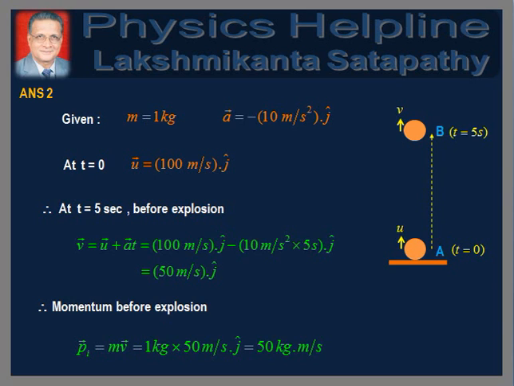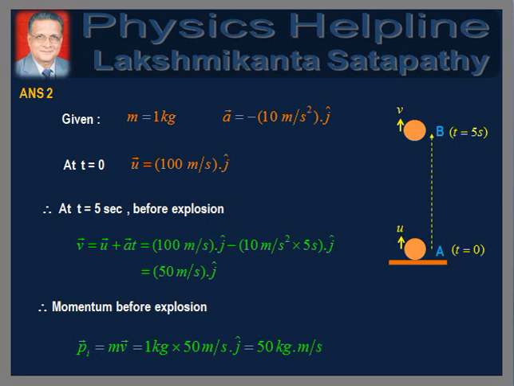At t equal to 0, the bomb is projected vertically upwards with speed 100 meters per second. Therefore, we write u is equal to 100 meters per second into j cap. Acceleration due to gravity is g equal to 10 meters per second square in the downward direction.